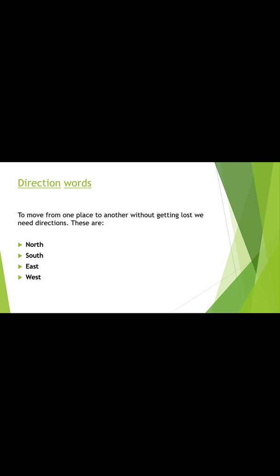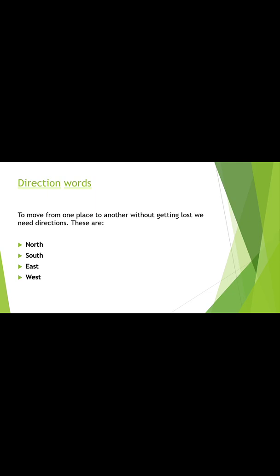So what is direction? To move from one place to another without getting lost, we need direction. And what are the direction words? These are north, south, east and west. Repeat after me.